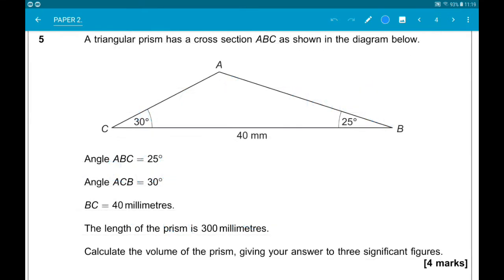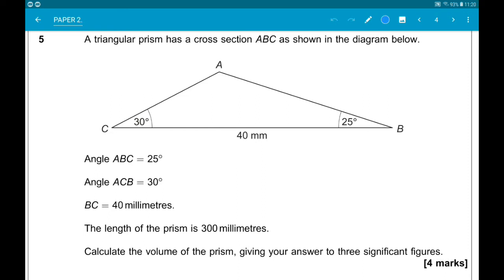A triangular prism has this triangle as its cross-section. The length of the prism is 300 millimeters. We want to work out the volume to 3 sig figs. Okay, so work out the area of this triangle and multiply by 300. So, at the moment, we can't find the area of the triangle.